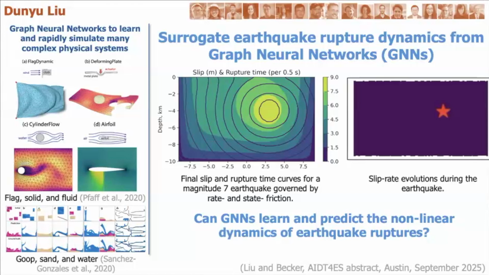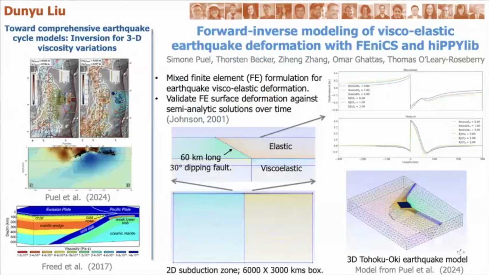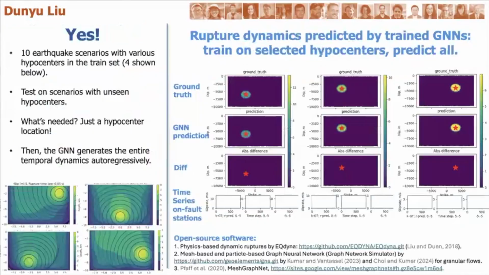The contours show how the rupture process starts from here and propagates upward, to the top and the bottom. This is the slip rate movie of the earthquake process. We try to train the GNN to learn the process and then predict other scenarios. Next slide, please. The answer is yes.